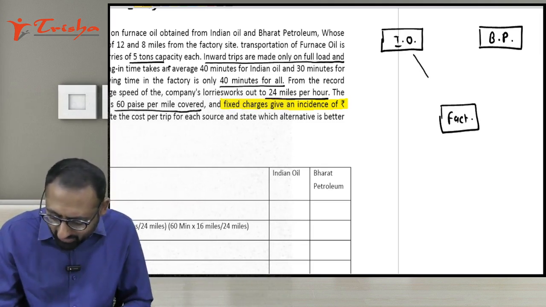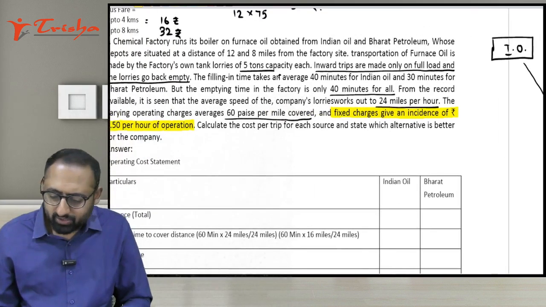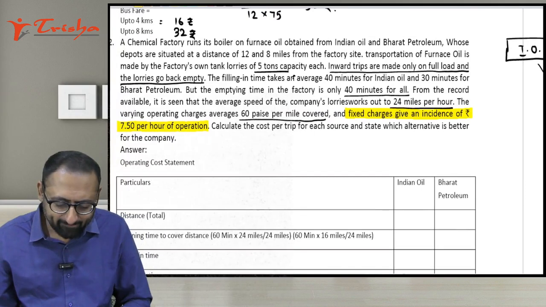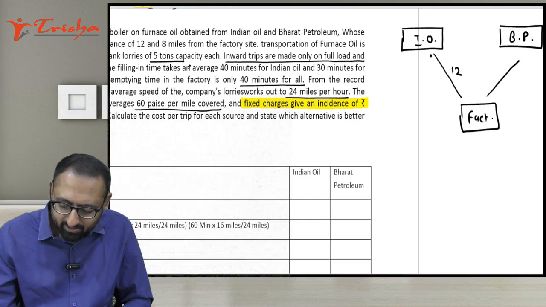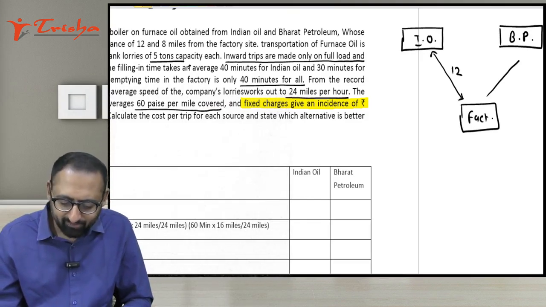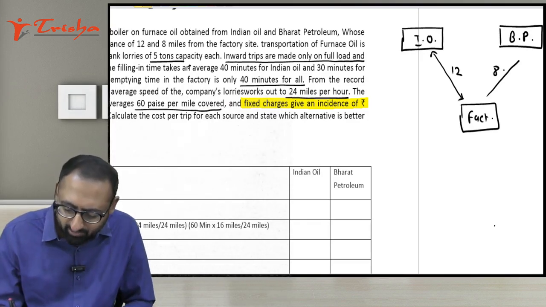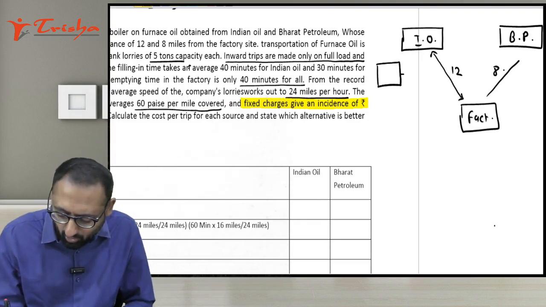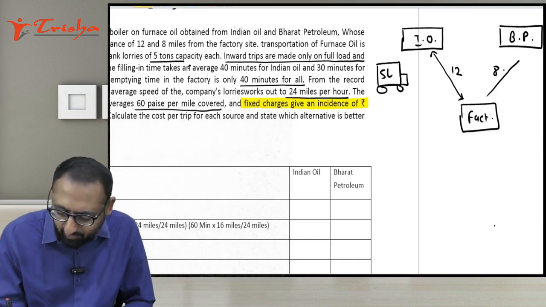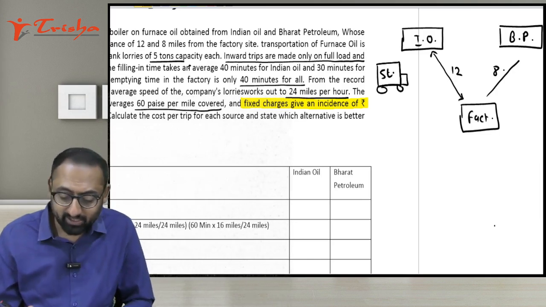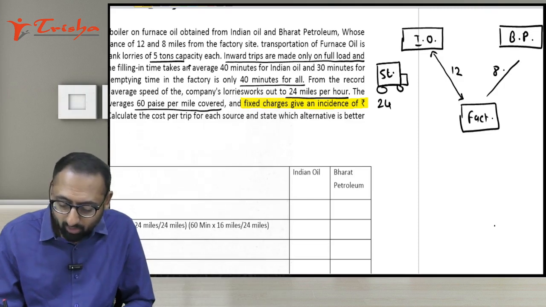Now let's see the distance between Indian Oil and Bharat Petroleum. The distance between Indian Oil and the factory is 12 miles, and Bharat Petroleum will be 8 miles. The lorry capacity is 5 tons, but the speed of that lorry is that it can travel only 24 miles per hour.